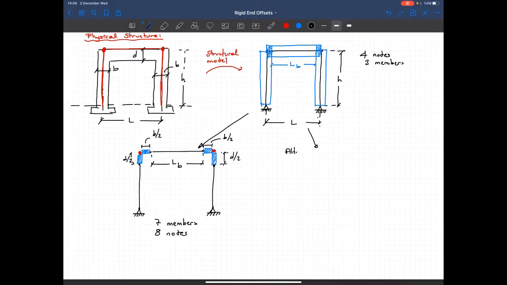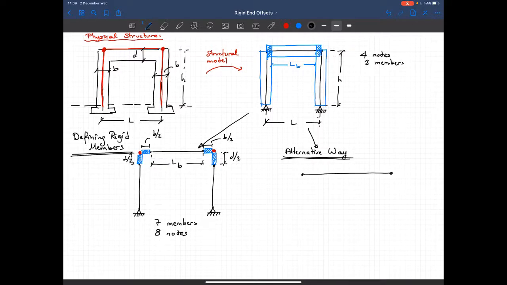So I'll call it an alternative way. One approach is defining rigid members. The alternative way is to formulate a new element.